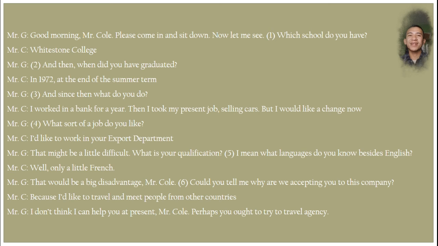Mr. Gilbert: That will be a big disadvantage. Could you tell me why we should accept you in this company? So Mr. Cole said, because I'd like to travel and meet people from other countries. And then Mr. Gilbert said, I don't think I can help you at present. Perhaps you ought to try a travel agency.